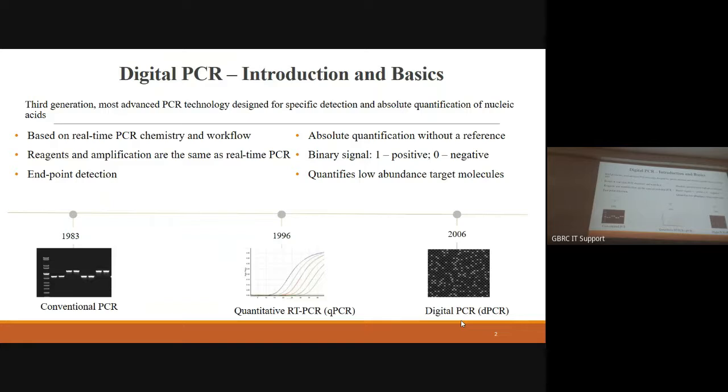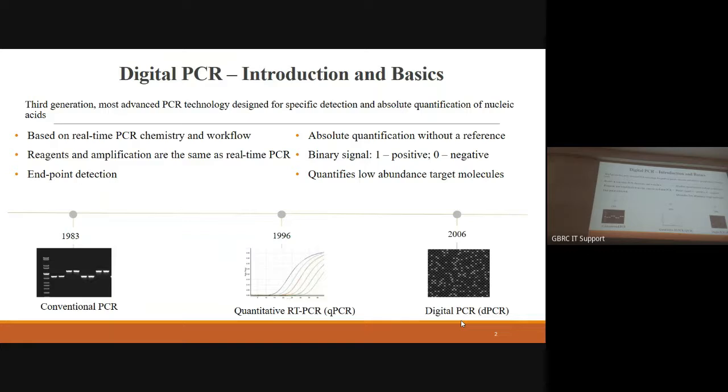It works based on real-time PCR chemistry, and the workflow is also similar to real-time PCR. Here you can also use reagents like primer and probe that you have designed for real-time PCR. The master mix composition can also be similar, but sometimes you need to use proprietary consumables for digital PCR.